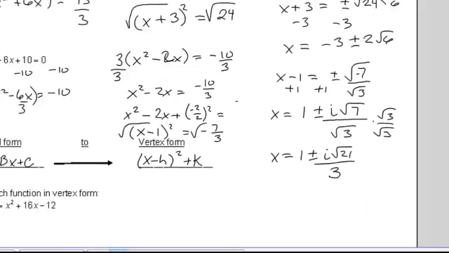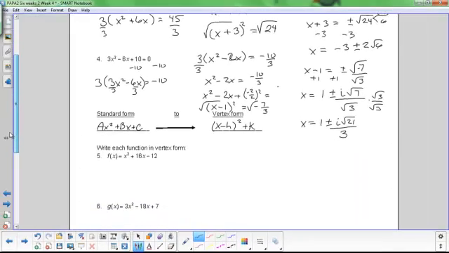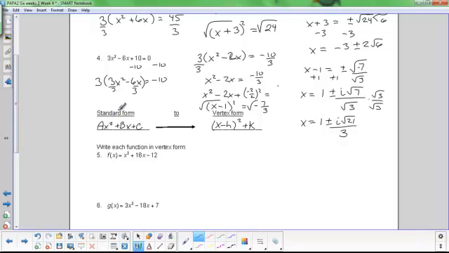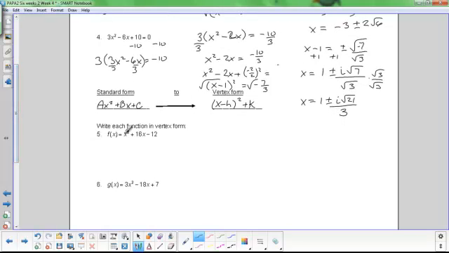Okay, standard form to vertex form is what you do, or in order to convert from standard form to vertex form, you must complete the square. So basically what we have been doing these 4 examples is changing from standard form to vertex form. Now you'll notice that in this particular case there is nothing on the other side of the equation but an f of x or g of x or whatever variable is used.